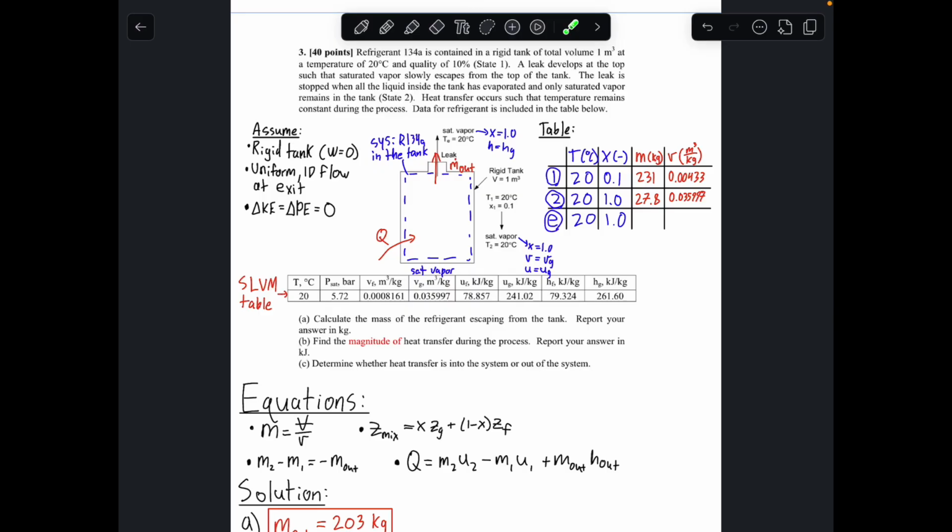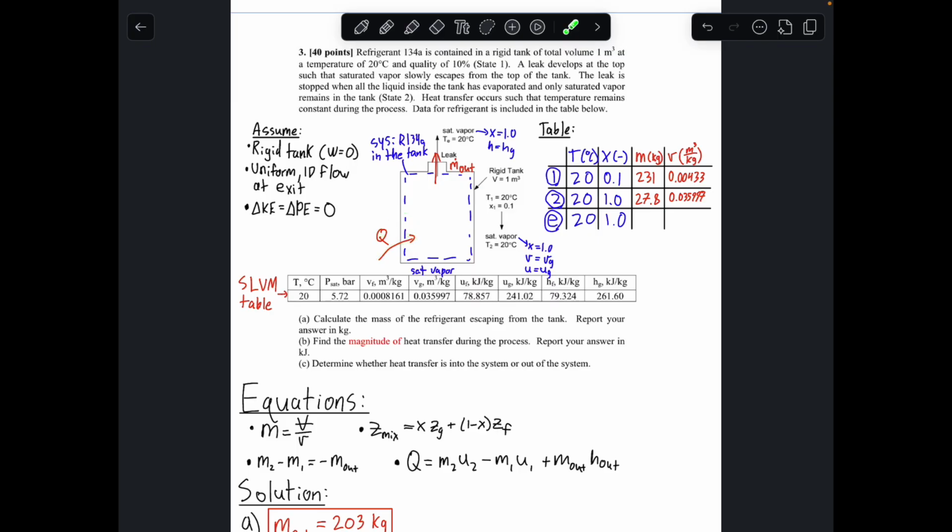Now we're on to our final part of the problem, part C, which asks us to determine whether the heat transfer is into the system or out of the system. Back when we drew our system diagram, when we were setting up the problem, I drew this arrow for heat transfer going into the system, just based on an intuitive guess. But I said it doesn't matter in your system diagram whether you draw your arrow going in or out of the system.